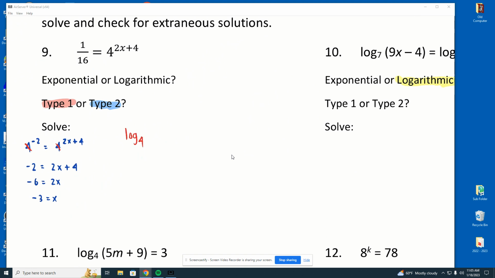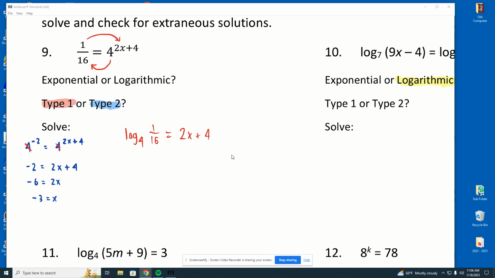Log base 4. And then do the loop. You just have to do the loop the opposite direction because equals is on the left now. So log base 4 of what? 1 over 16 equals what? 2x plus 4.